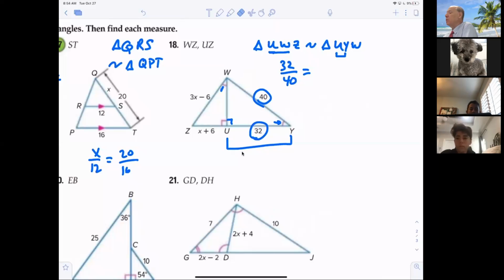What does 32 correspond to? Sam, do you agree with that or not? You sure? So 32 corresponds to UY. So I looked up here at UY and said UY corresponds to what? And I thought, well, there's no value for UW.